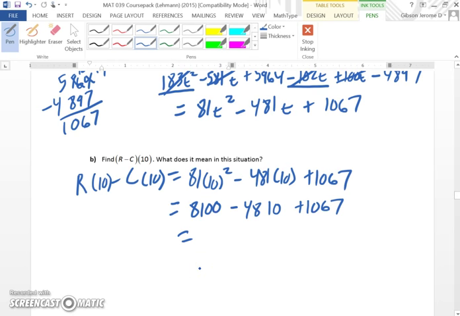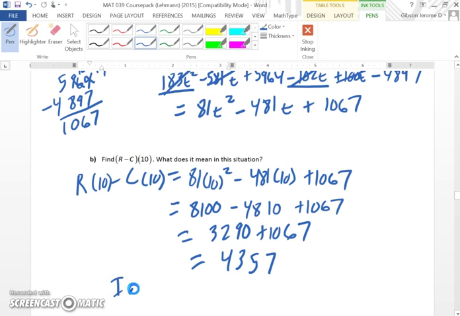Now, when we subtract this here, we will have 8,100 minus 4,810, which will give us 3,290 plus 1,067. When we add this here, we will get 4,357. Now that is our answer here. However, we have to tell what it means.